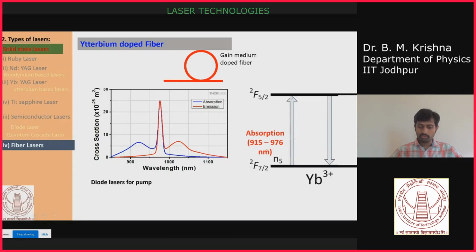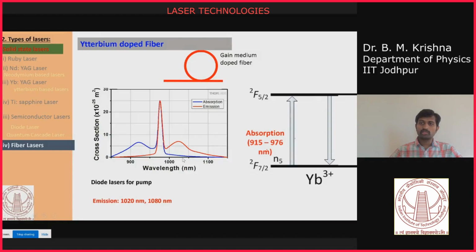Whatever pumping wavelengths you use, what I am showing here as a single energy level is not a single energy level, you have multiple energy levels within this spectral term. For example, around 950, that is the reason you see a stronger absorption from 950 to 976. In this region, whatever you pump, the pump photon will be converted into your lasing photon. That is the major advantage of the ytterbium doped fiber lasers.